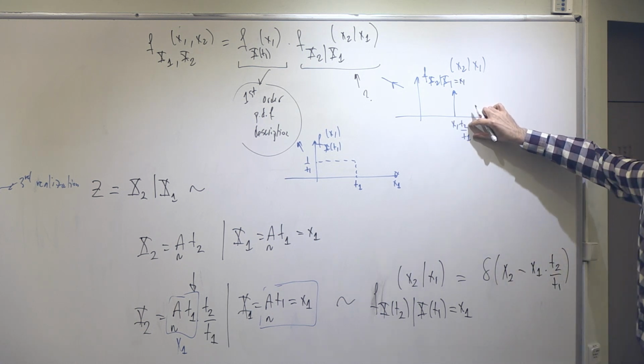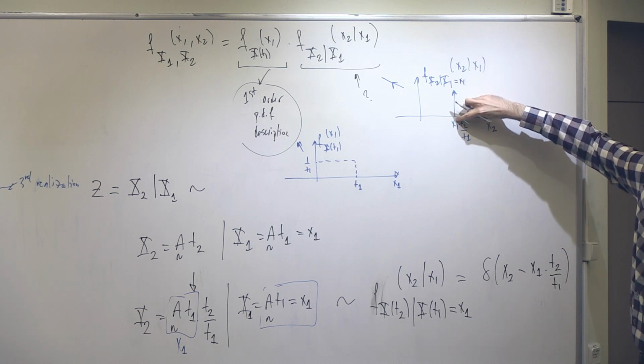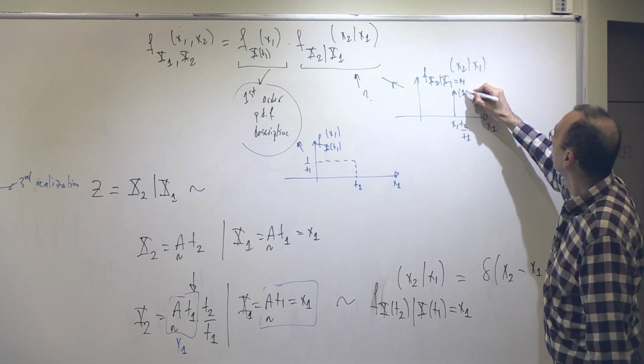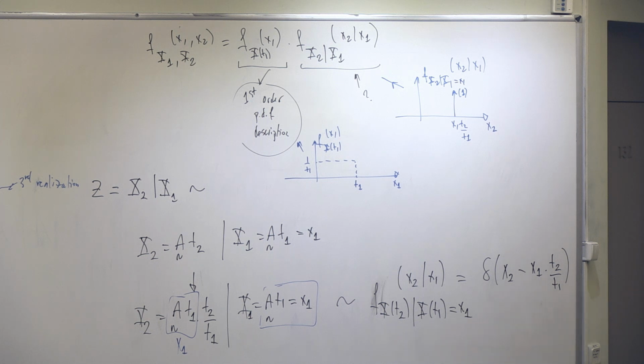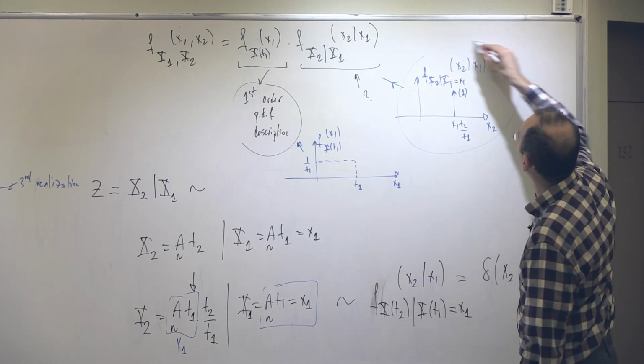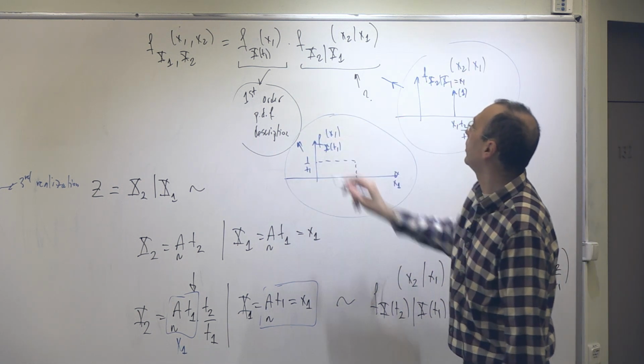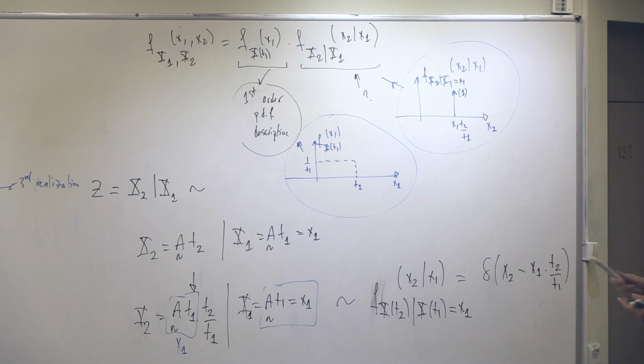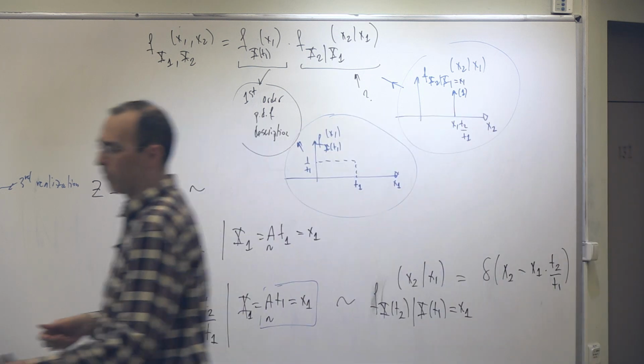These are also numerical values that I know. This is by conditioning that I know. And the weight of the impulse is 1. Okay. So the density becomes, again, an impulse. So this is the conditional density. This is the marginal density. So I should multiply those two.